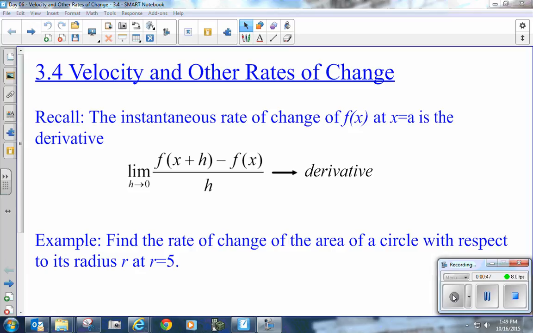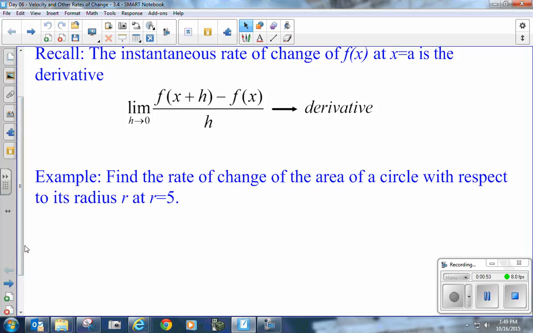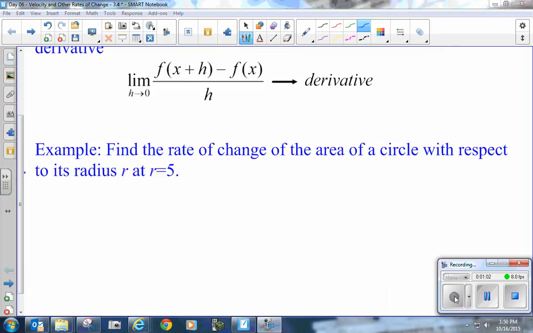Example. Let's find the rate of change of the area of a circle with respect to its radius, r, when the radius is actually 5. So the area of a circle is pi r squared. And how do we know we need area?